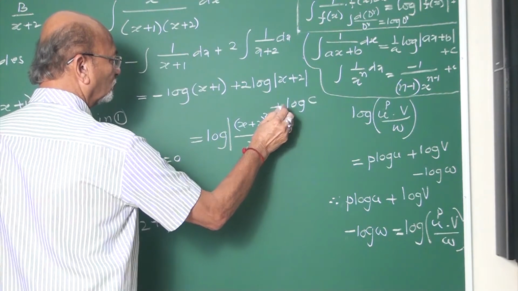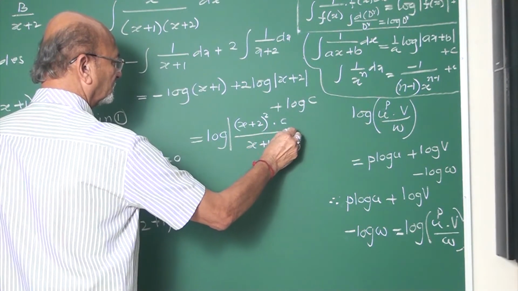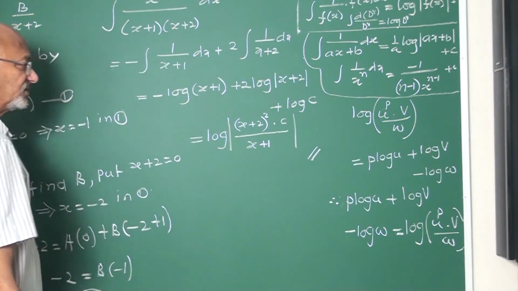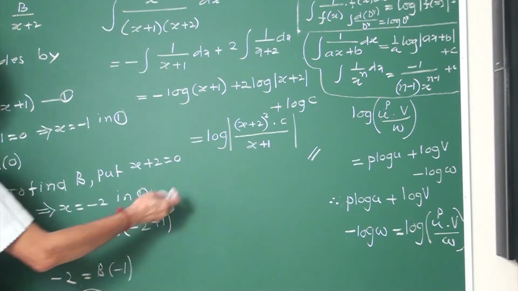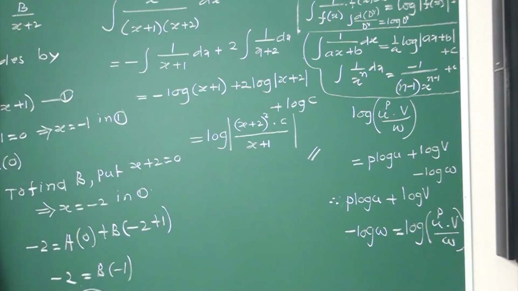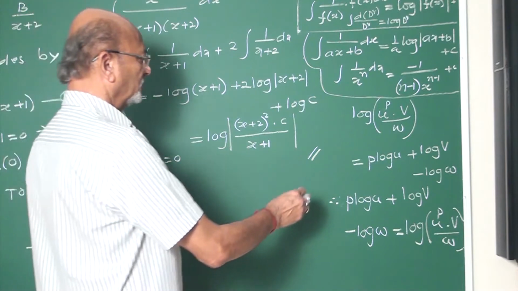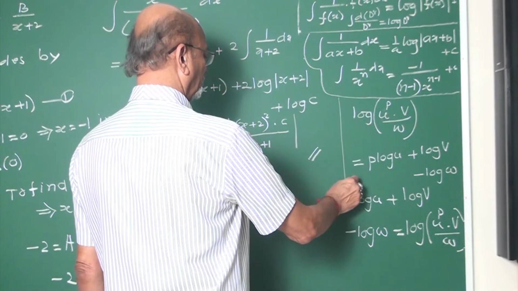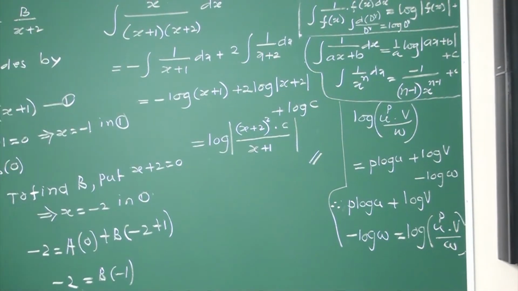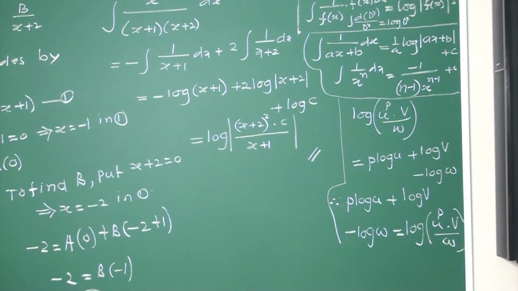Plus is into. What is this? C. Again, don't write C, otherwise use your property for this. You write only plus C. This is the example, my friends. I hope it is clear.